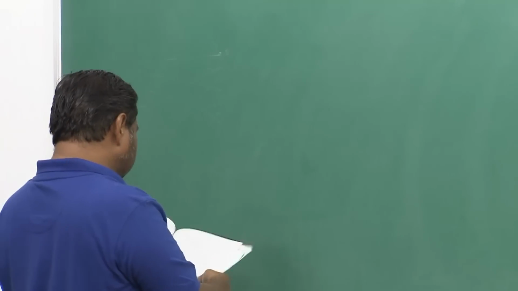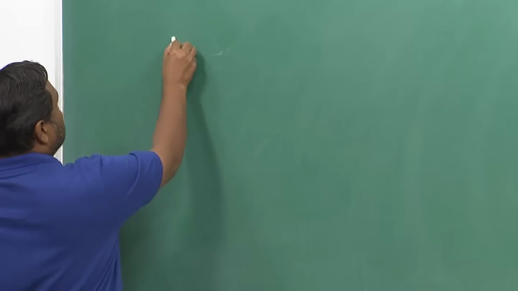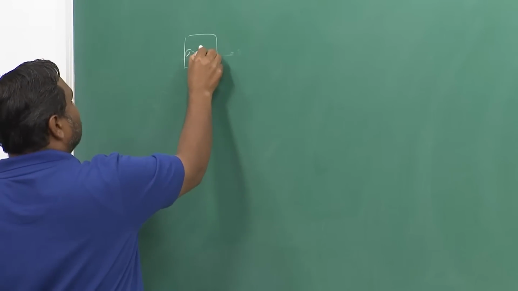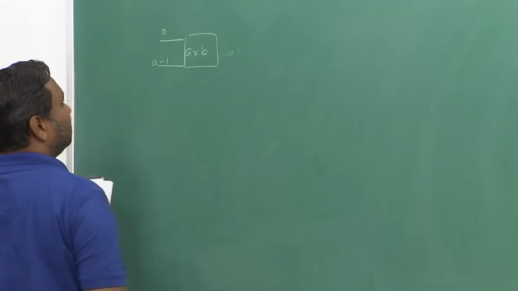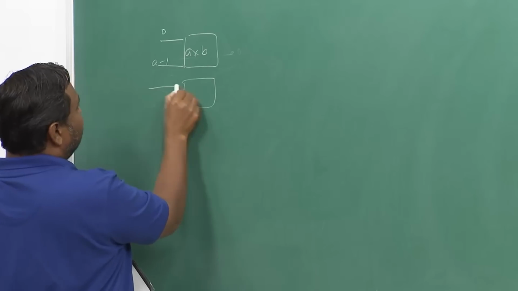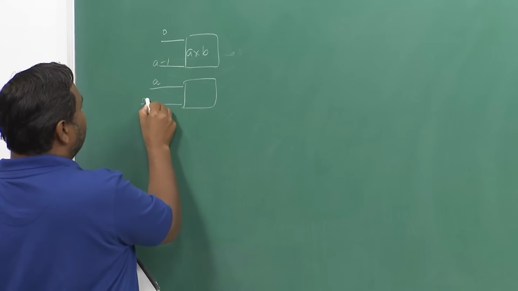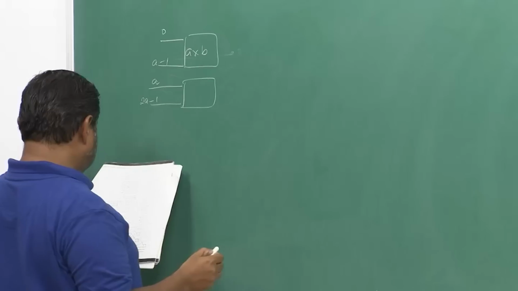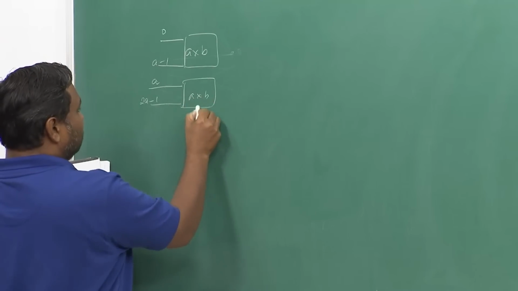Normally the way we will be representing this, these switches will be like this. I will have an a by b switch, I will count from 0 to a minus 1, this is the first switch. The next one will start with a and go to 2a minus 1, again an a by b switch.